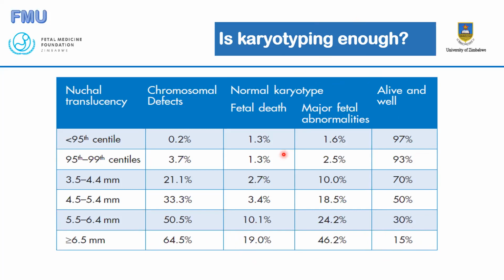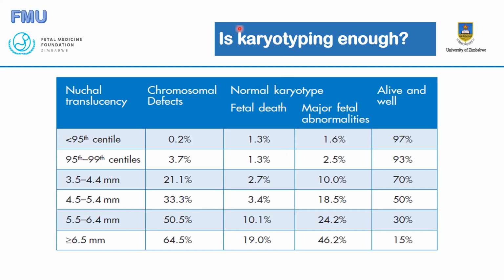Someone cannot just be sick. Someone cannot just die at birth or have an abnormality without there being an abnormality at the level of the gene. Somebody cannot just have a deranged neurodevelopmental status while the genes are absolutely normal. So these were the questions that people began to pose and say, is this conventional karyotype good enough?